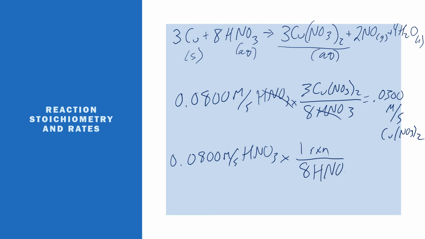Okay. And RXN is how we abbreviate reaction. So every one time the reaction goes, you need to use 8 nitric acids. So when you calculate that, you get 0.0100 molarity per second for reaction. That is the rate of the overall reaction. So just be careful with the wording in the question, whether it's asking for a specific species or if it's asking for the reaction as a whole.